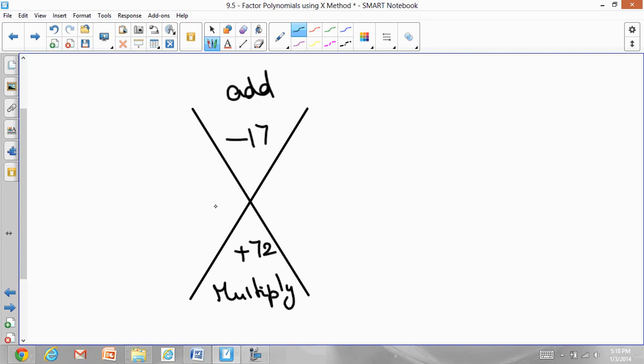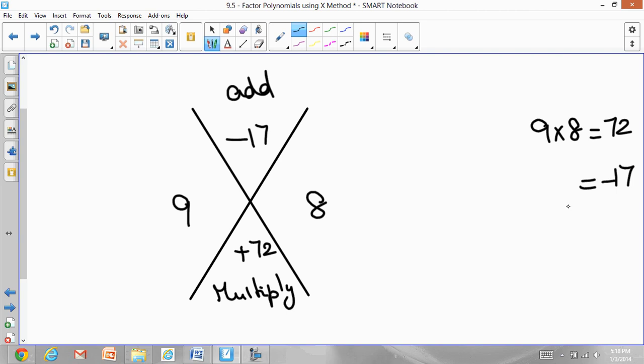Now you're thinking, what two numbers multiplied give you 72? 9 times 8 gives you 72. Now at the same time you're thinking, those two numbers when you add them, you should be getting negative 17.